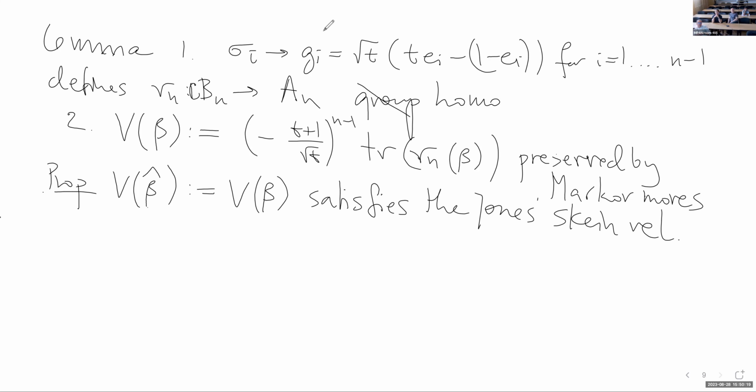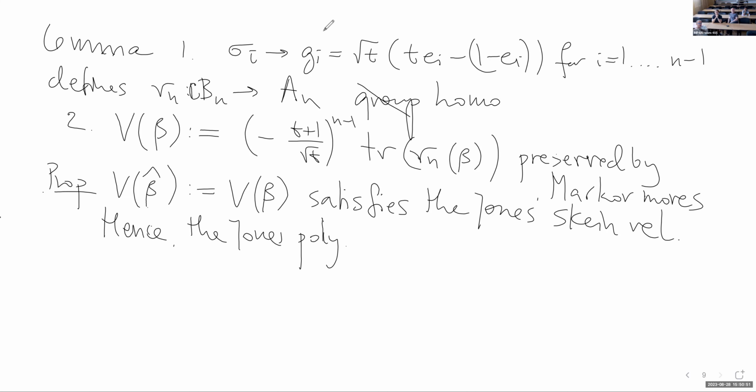And once you have it, the proof is not too difficult. And so by uniqueness of the Jones polynomial, this must be the Jones polynomial. This definition makes sense because of the above, because if you choose a different beta, it's the same V of beta. And this is the Jones polynomial. So the notation V is justified.